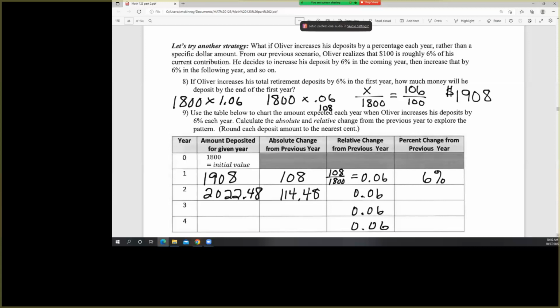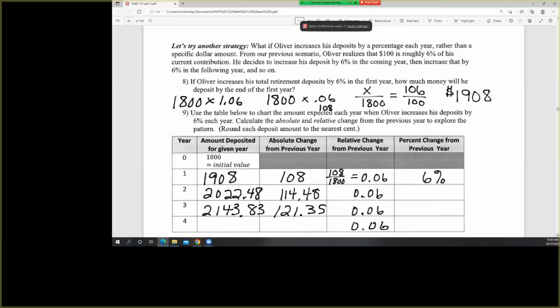What were our deposits for year three? Oh, so that would be the absolute change, the 121.35. Yep. 2143.83. And yes, the difference would be the 121.35.